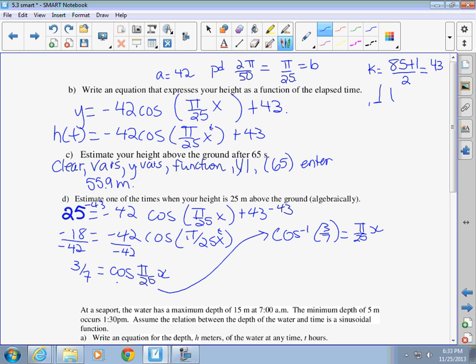Now I want x all by itself. You can do this in one step or in 2 steps. To get rid of this pi over 25, I'm going to divide by 25 over pi on both sides. So I would have 25 cos inverse of 3 over 7, all over pi, and that equals x.